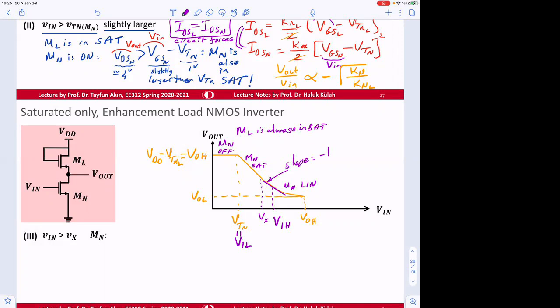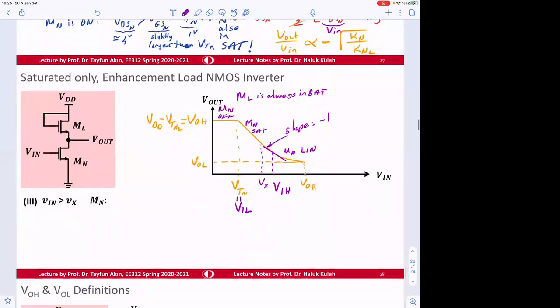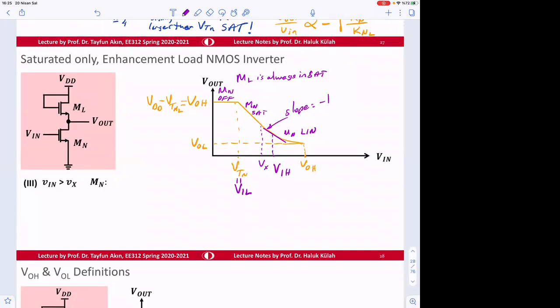So that's what happens. After the point where Vn is equal to Vx, Mn becomes linear, or goes into linear mode.